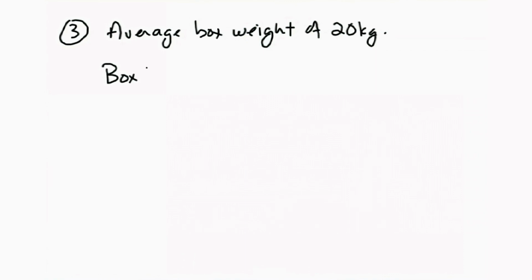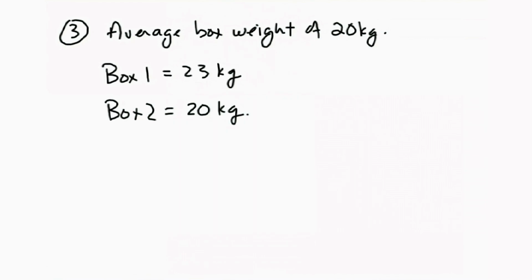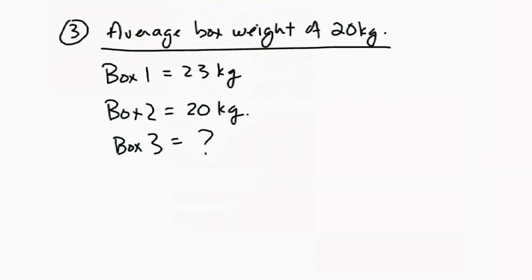If we have these weights and we have box 1 is equal to 23 kilograms and box 2 weighs 20 kilograms, what is the weight of box 3? And so now we know that the average box weight is supposed to be 20. And if we have these 3 boxes, we now are not finding the average.